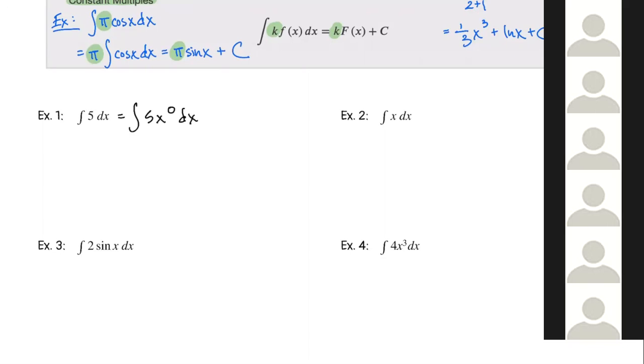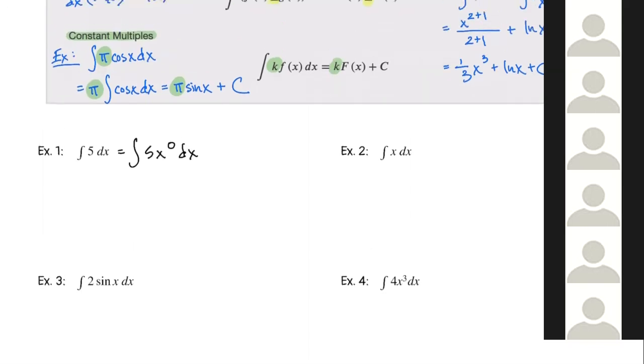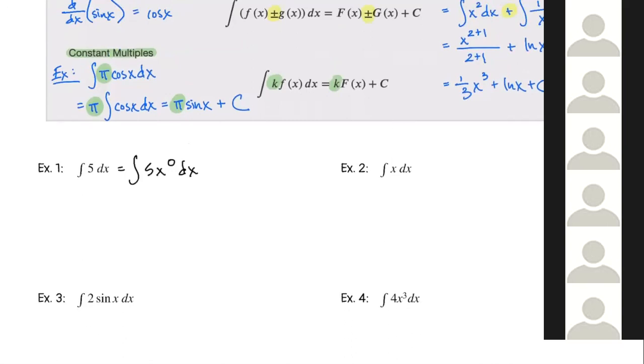Okay, but if we think about the power rule and the constant multiple rule, I can take the 5 and bump it out to the front. So I get 5 times the integral of x to the 0 dx. Now I can use the power rule. So 5, and we'll get x to the 0 plus 1 over 0 plus 1.